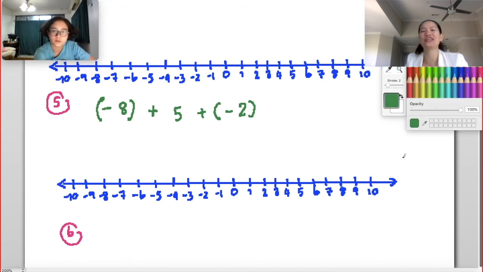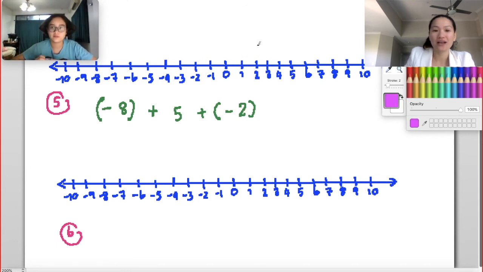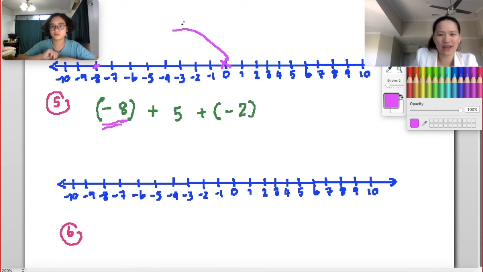Let's do that one together. Okay, let's do it very quickly. Negative 8 here. Yeah. Go to 8. I count 1, 2, 3. We can see that it's negative 8, so we know 8 is here. So we go all the way here. Okay, let's do it.